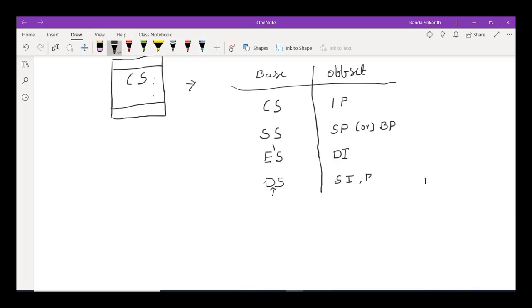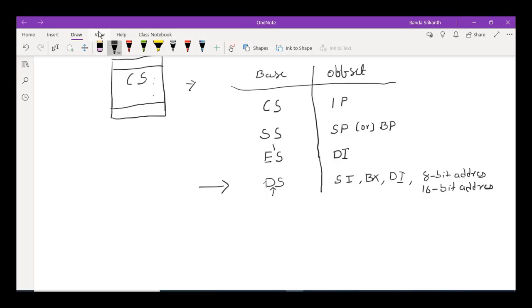The offset address can be taken from the BX register or any other general purpose register, or from the destination index, or it can be a direct 8-bit address, or a 16-bit address. In future classes we will discuss in detail how the offset address and the base address will be generated.